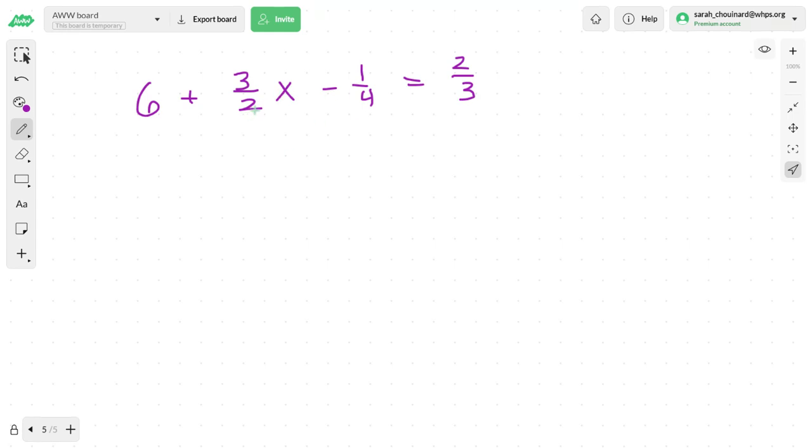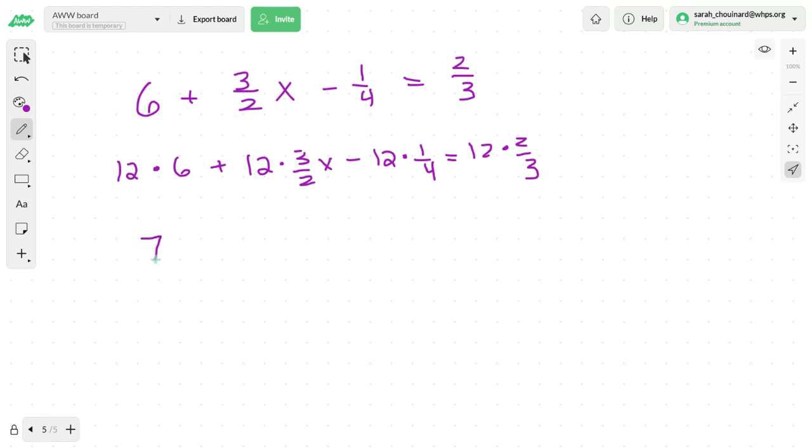So I'm going to look and see with 2, 4, and 3, what is the least common denominator? The least common multiple that they all have in common is 12. So I'm going to multiply my entire equation by 12. So I'm multiplying the 6 by 12, the 3 halves by 12, the 1/4 by 12, and the 2/3 by 12.